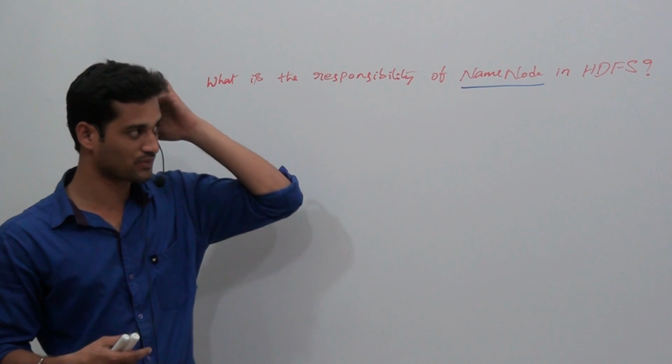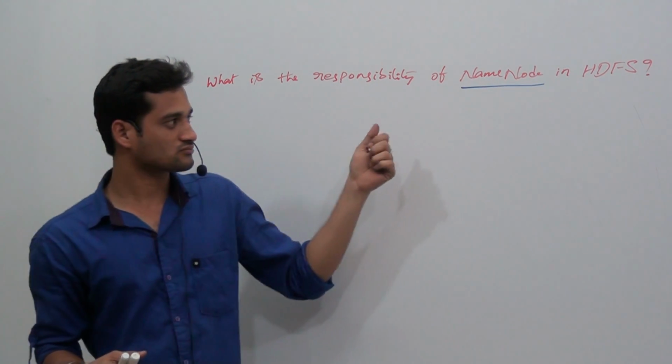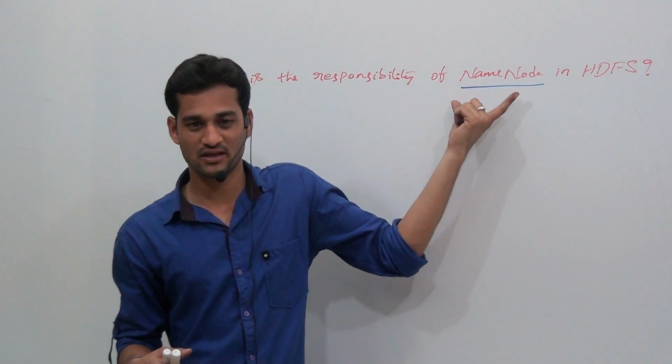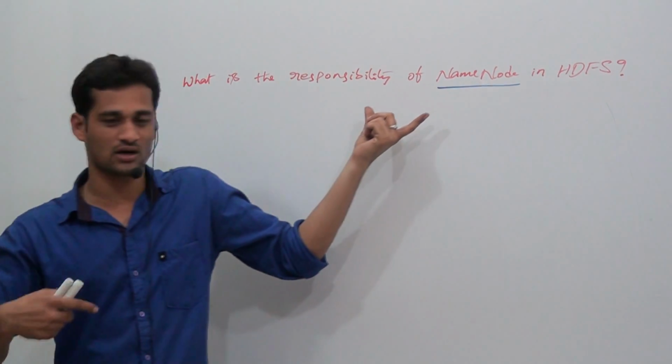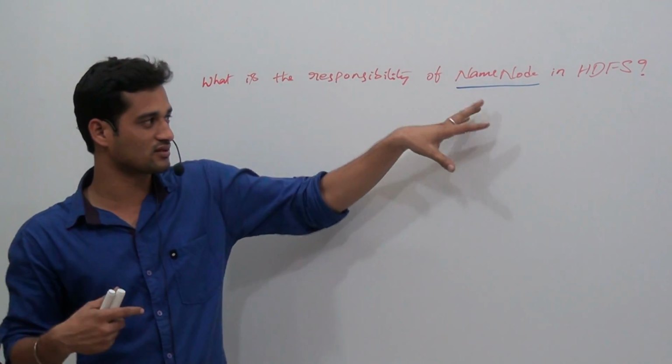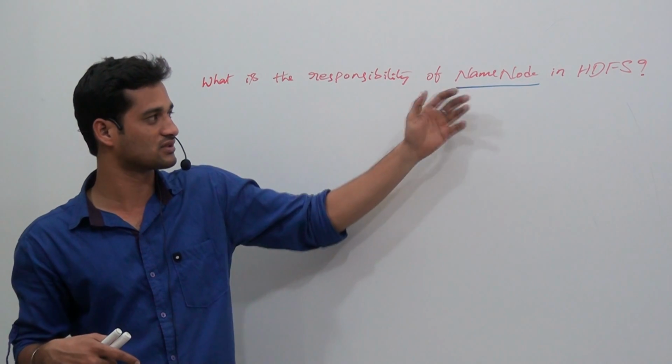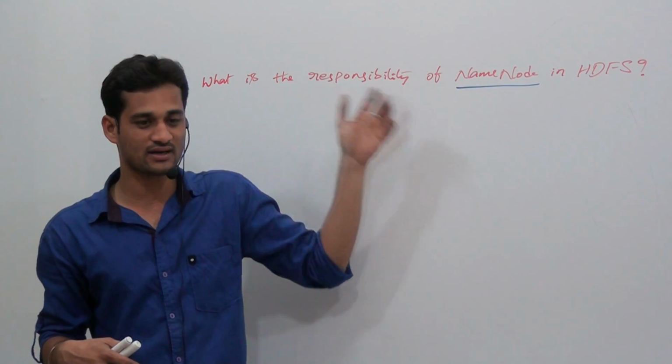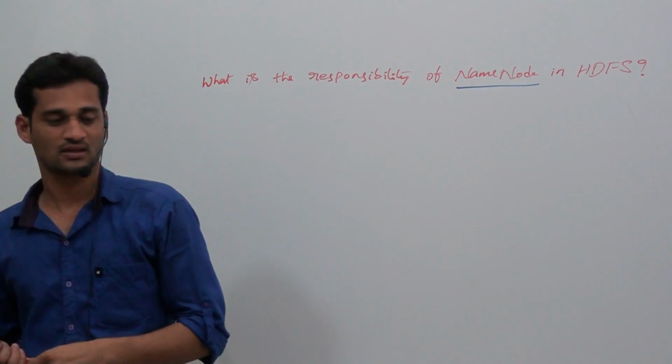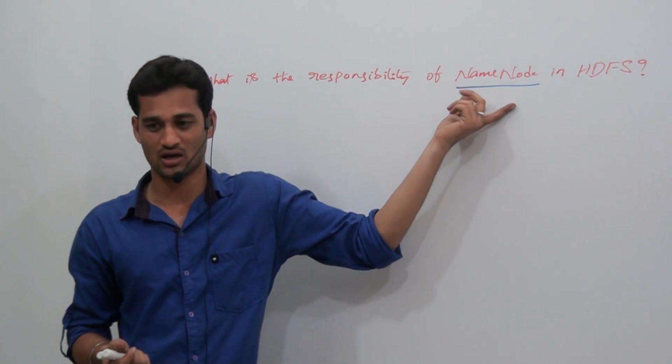If at any time the name node is not receiving any more heartbeat, it simply identifies that the data node is dead.